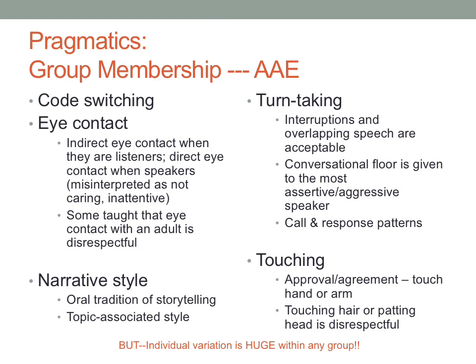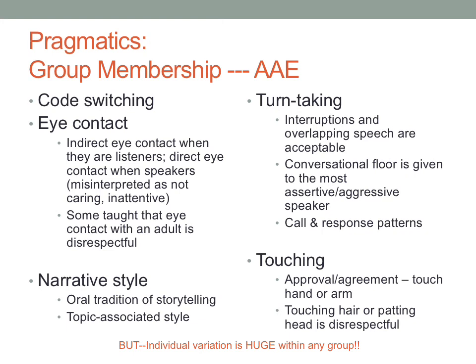Now, what I want to caution is individual variation is huge within any group. So I've just given you a smattering of a few features of AAE, the pragmatics of African American English, and just know that just like in white families or Hispanic or Latinx families, the variation among them is huge, even within their culture.